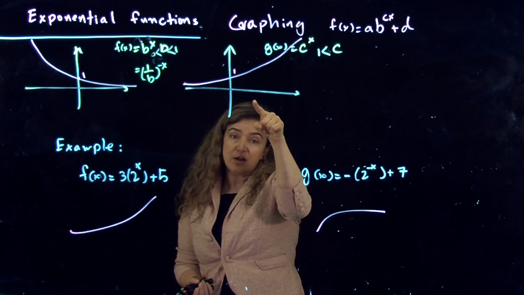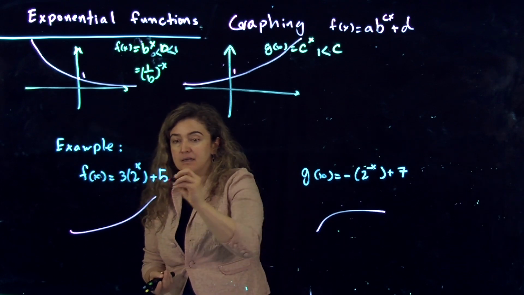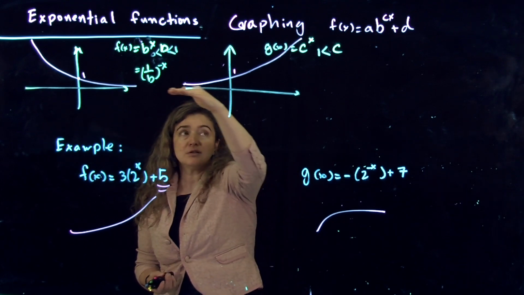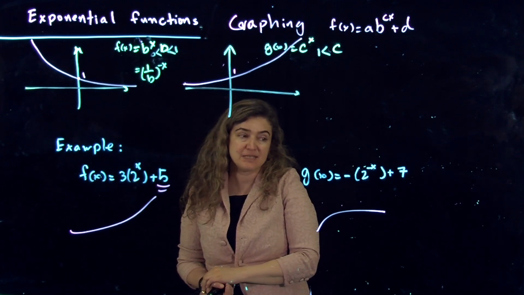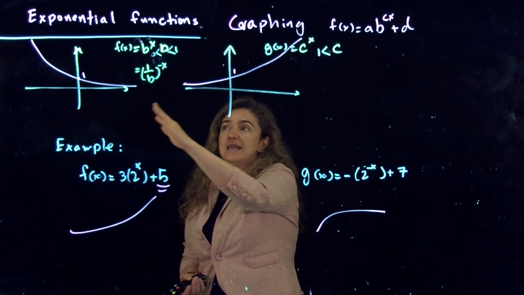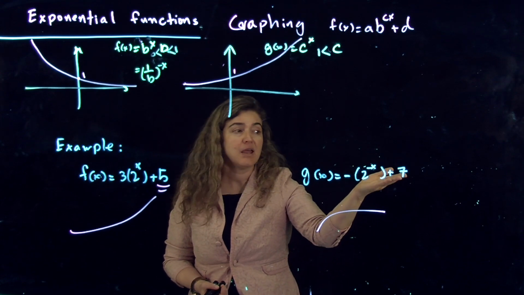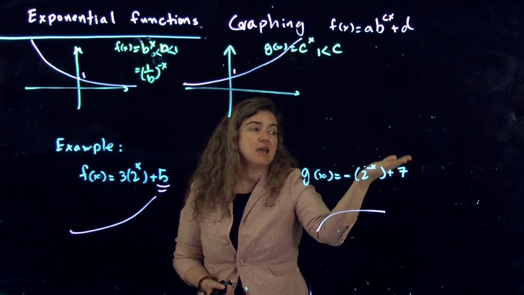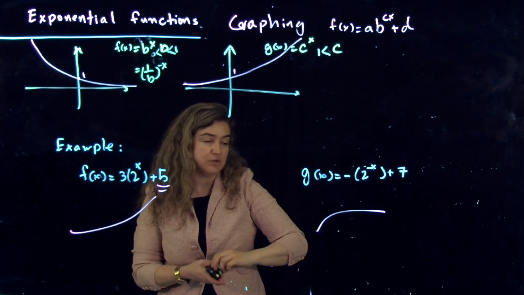This one is going to follow this behavior, except that the horizontal asymptote y equals 0 is going to be moved up 5 units. This one is going to follow that behavior as x approaches the infinities, except that the horizontal asymptote is going to be moved up 7 units.